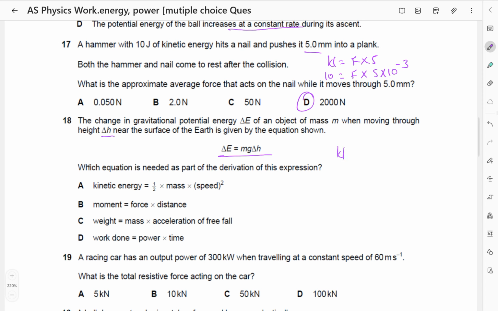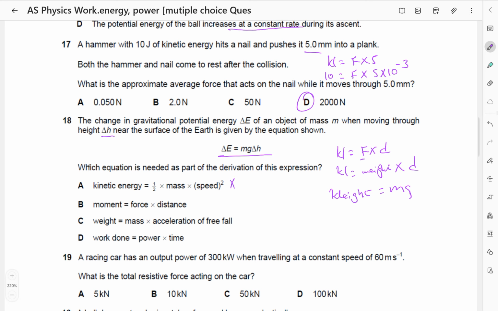So work done is equal to force times distance, where the force is going to be the weight. So work done is equal to the weight, then times the vertical height h, and the weight is equal to mg.